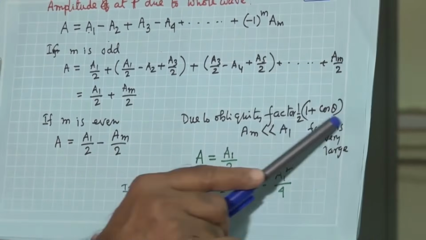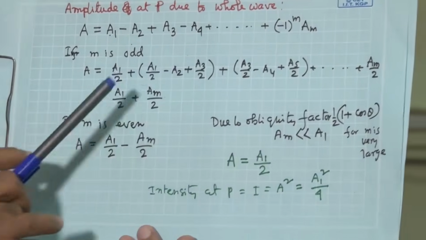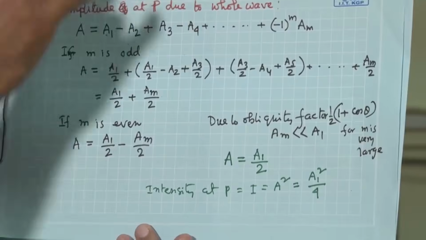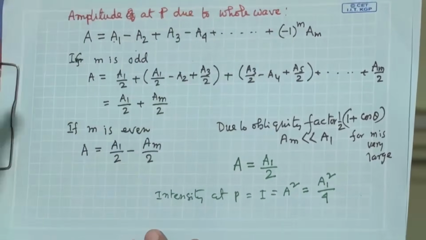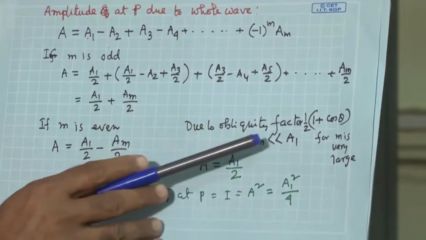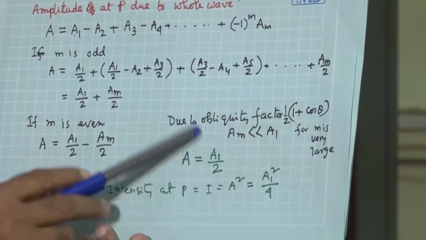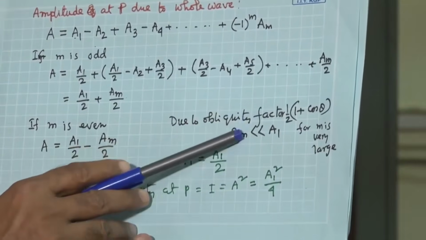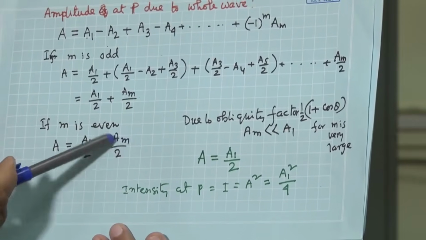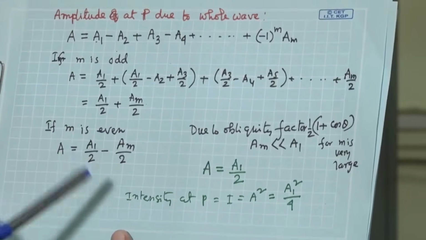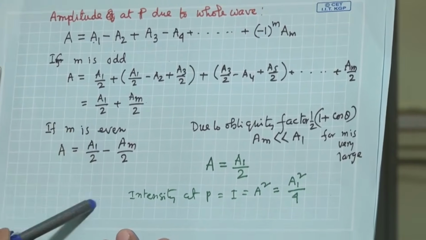Now due to obliquity factors, I explained it, the mth zone is an outer zone, so theta will be higher, and due to this obliquity factor this term will be smaller. So AM by 2 will be very, very small compared to A1 by 2.